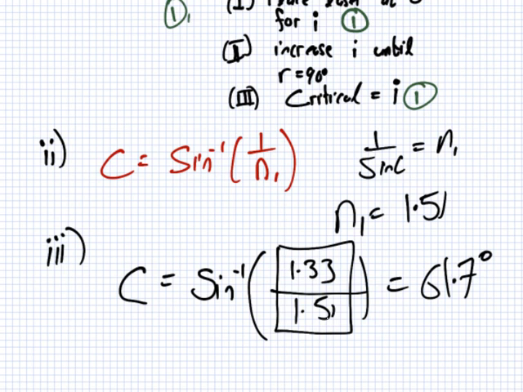I just have to remember the only way I can get the sine inverse is if I put the smaller number on the top. So I'll have to think now which is the n1 and which is the n2. It goes from the more dense to the less dense. So the n1 is the more dense, which is the glass, and the n2 is the water. But I don't even have to think about that. So 3 marks for not thinking.